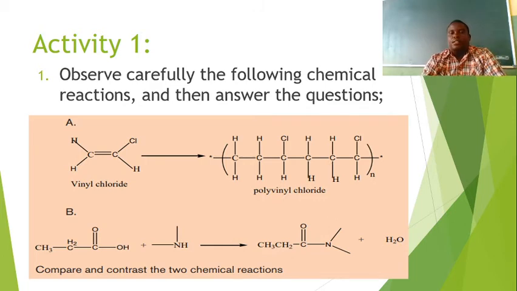Now we can share our observations, because there are some observations that must be common. You can get some that are different from mine, but we can share what I have observed in these two reactions.